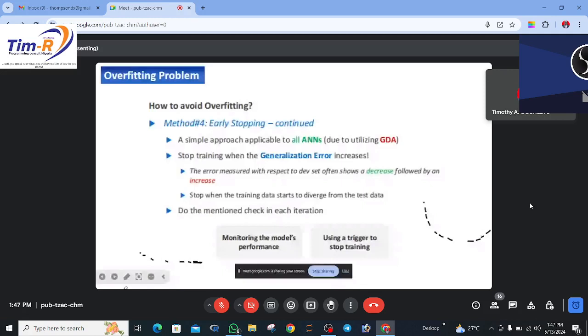This was what I was trying to talk about: how to avoid overfitting, early stopping. Normally we have the loss and the number of iterations, which is epoch.